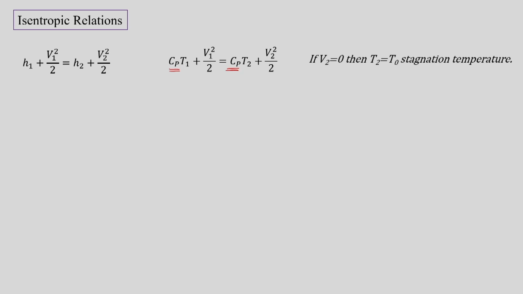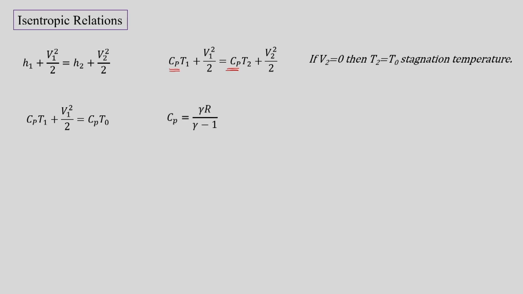So, in this relation, if we bring the flow to zero velocity isentropically at station 2, then V2 is equal to 0 and the corresponding temperature T2 is T naught, which is the stagnation temperature. Then the expression becomes Cp into T1 plus V1 square by 2 is equal to Cp into T naught.